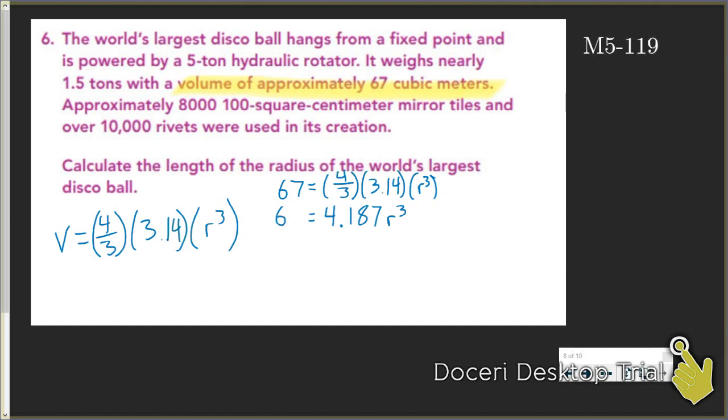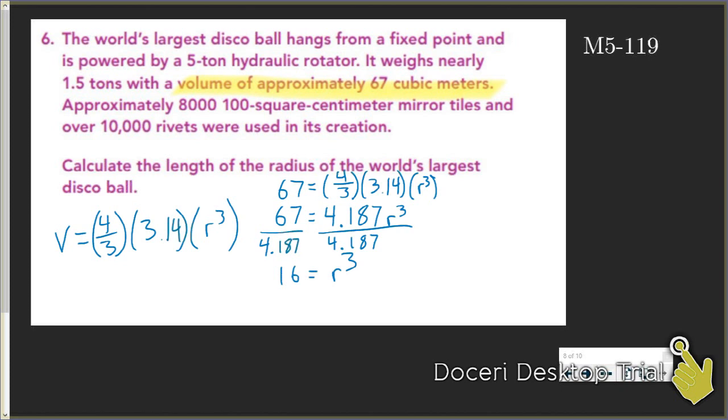On the left side, we still have 67. We know we're going to have to use inverse operations, so we're going to divide by 4 and 187 thousandths on both sides. Sorry, I think I said 87 hundredths. When we do that division, we end up getting 16, and that is equal to r cubed.